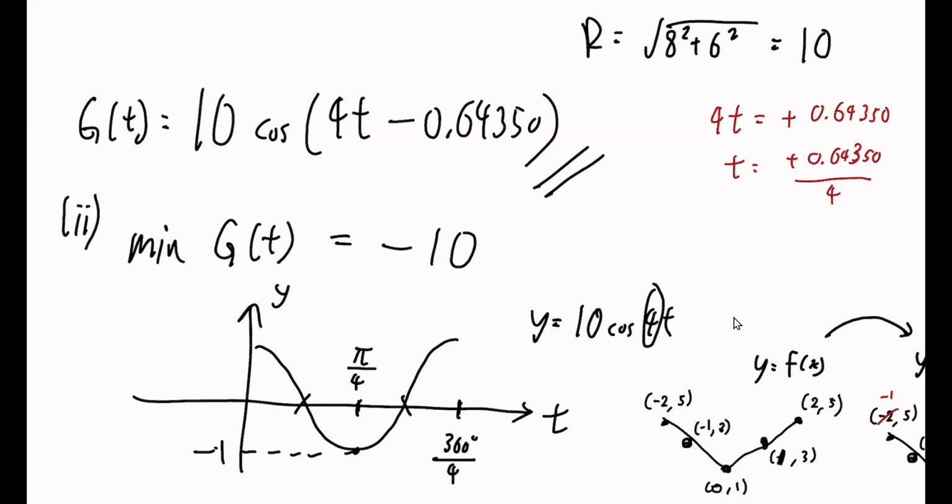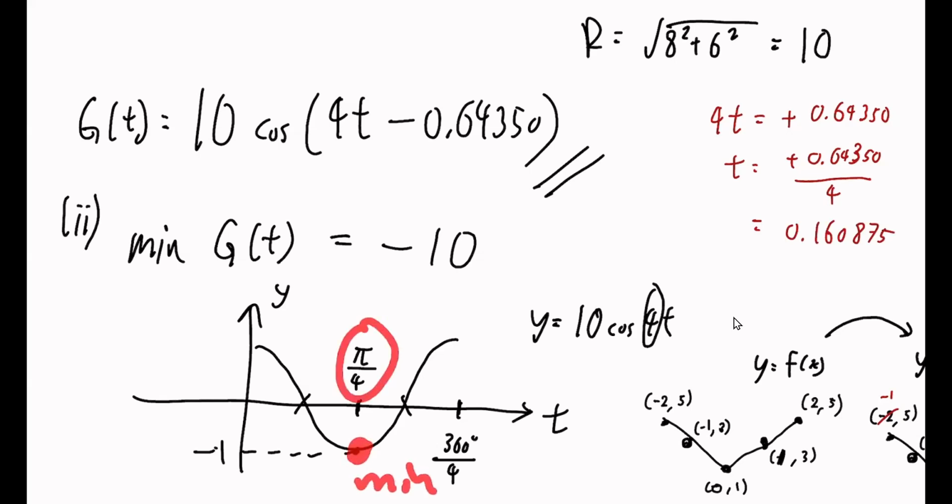Okay? Let's calculate that. What's that value? It's around 0.160875, which means that this time the t actually has to work harder and it has to increase itself by a value of 0.160875.